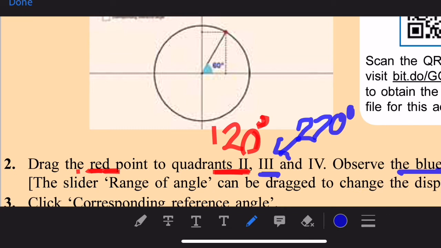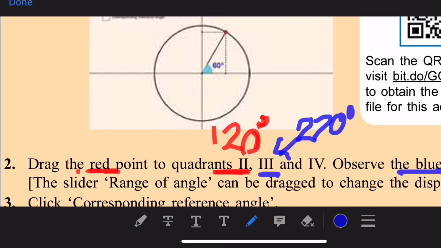Okay, first of all, if you open the GeoGebra, let's open it now. I'm going to show you how to do this activity. At first, maybe you are at the first quadrant, let's say 60 degrees.